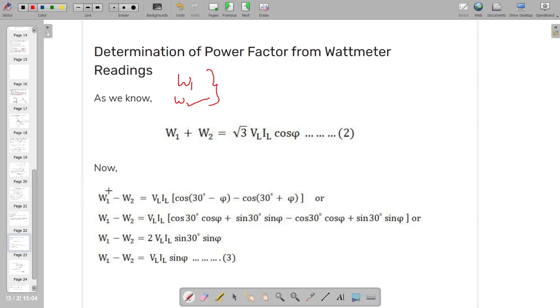Now we take the operation W1 minus W2, the difference of the two wattmeter readings, using cos(A minus B) minus cos(A plus B). Simplifying, W1 minus W2 is equal to 2 into VL IL sin 30 into sin phi. Since sin 30 is equal to 1 by 2, this 1 by 2 cancels out, so W1 minus W2 is equal to VL IL sin phi.